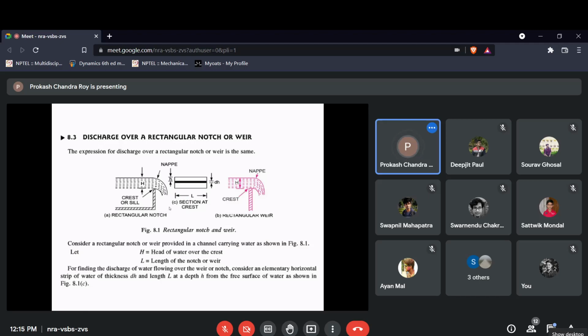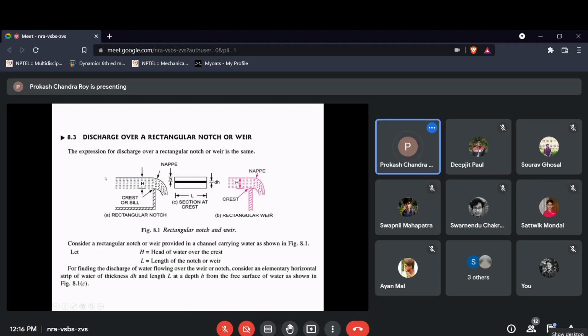Similarly here, if you think of the open channel, the velocity at different locations varies. Near the crest there is basically no velocity, but when it goes up, the velocity varies with the height. So there will be a change in the velocity.